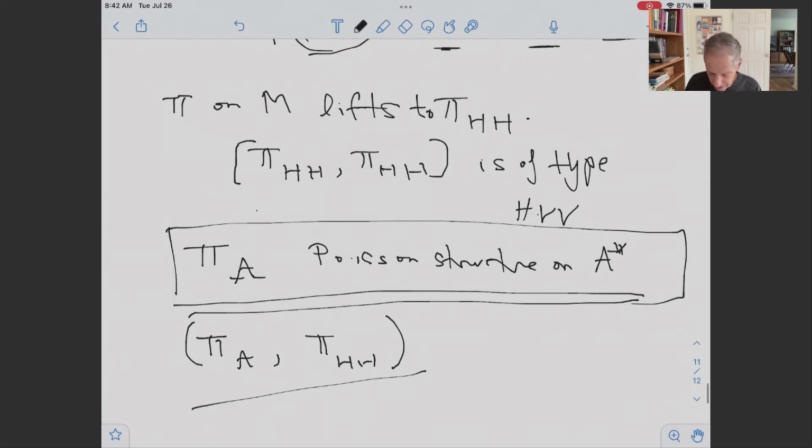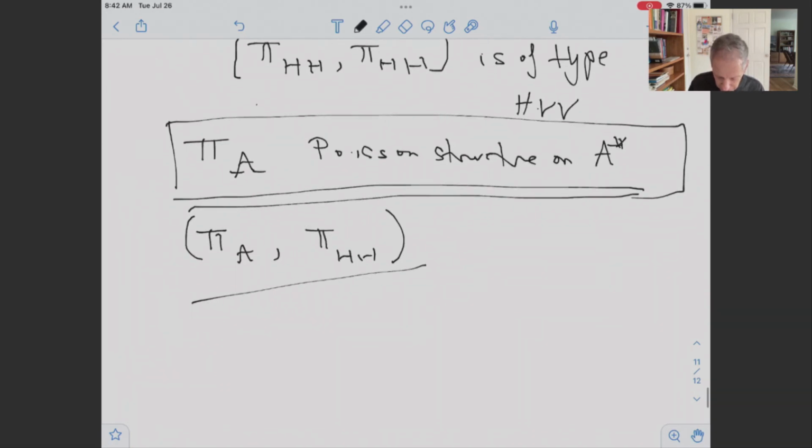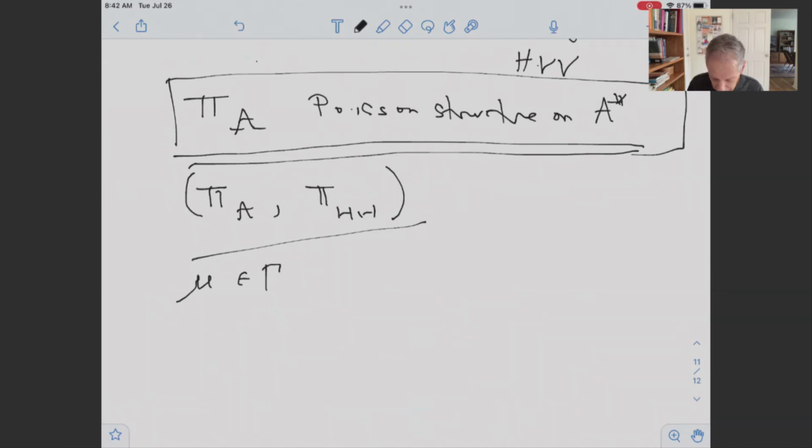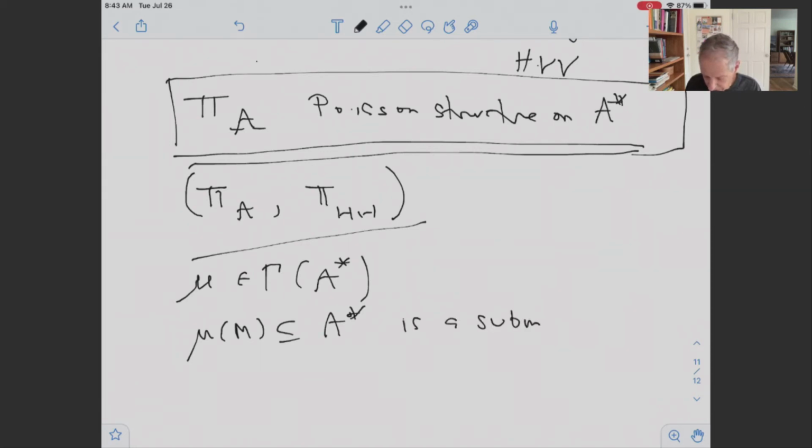Okay. So finally, if mu is a section of A star, then mu of M contained in A star is a submanifold, of course, containing the lift of pi.